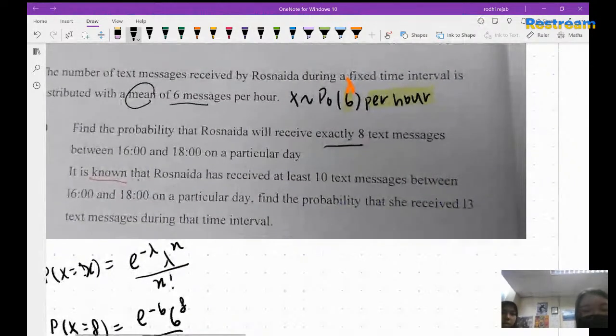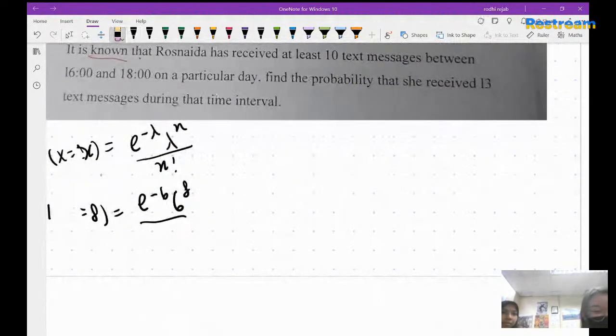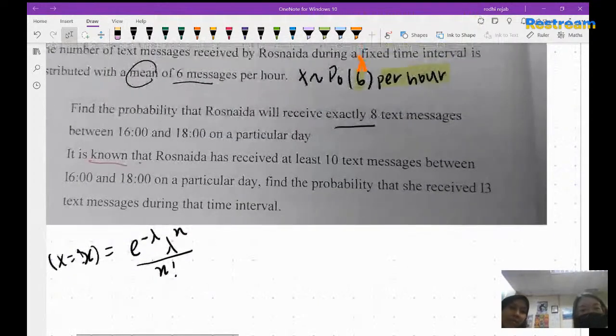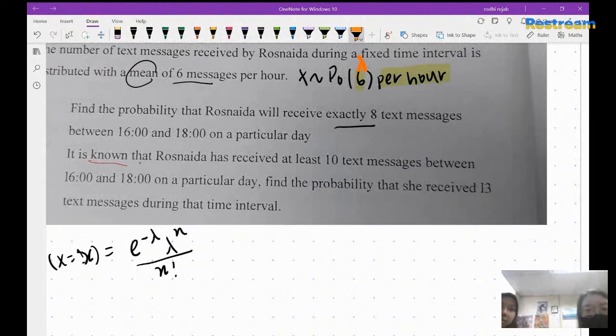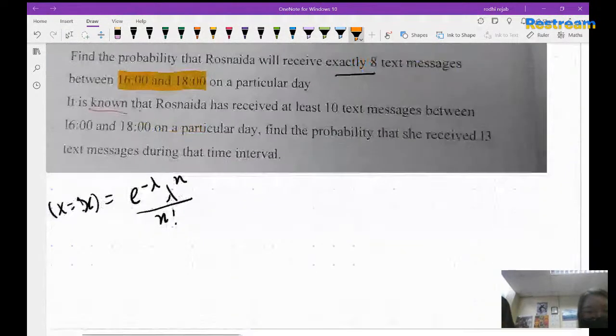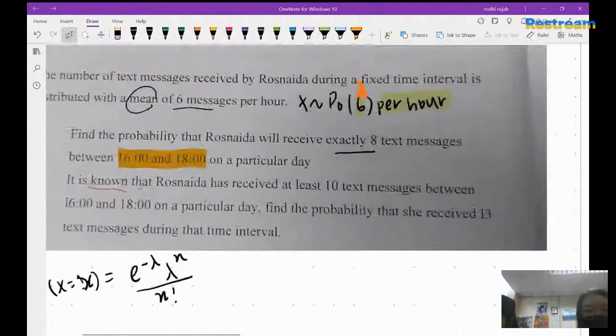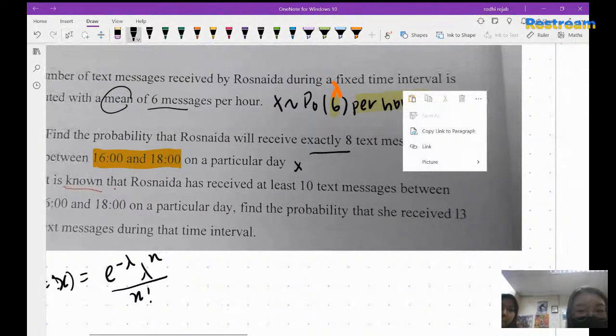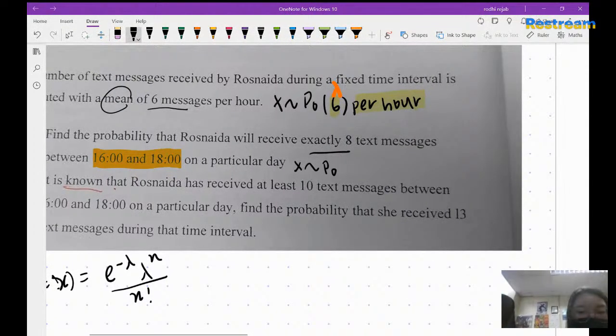Oops. Oh, sorry. Careless. Okay. Since sini dia cakap 16 until 18 on a particular day, so ada 2 jam kan? Okay, so 2 jam. Yang poisson ini kita kena tukar jadi times 2. 6 times 2, 12, per 2 hour.